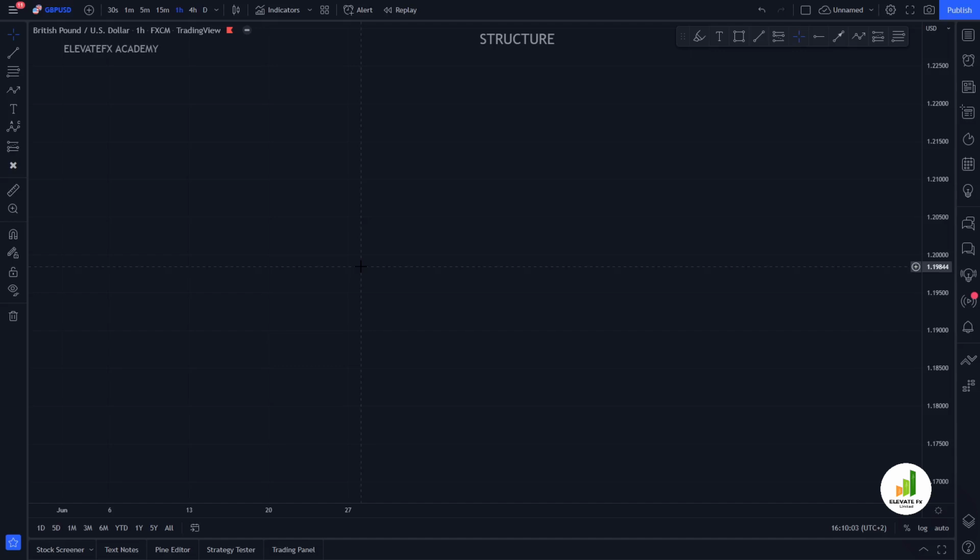So what exactly is structure? It's simple. Structure simply refers to the delivery of price with highs and lows in the market. Once you see something like this, you see structure being delivered. We have a high, we have a low, we have a higher high, a higher low, a higher high, a higher low, or the reverse could be the case.